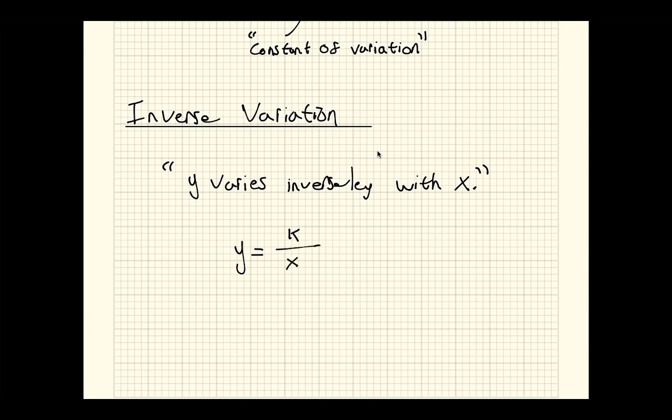So this is a little bit different. A good example of inverse variation would be painting a house. Typically, if they're good workers, the number of people on the job reduces the time, it doesn't add to the time. Let's say x is the number of workers and y is the time it takes to paint a house.